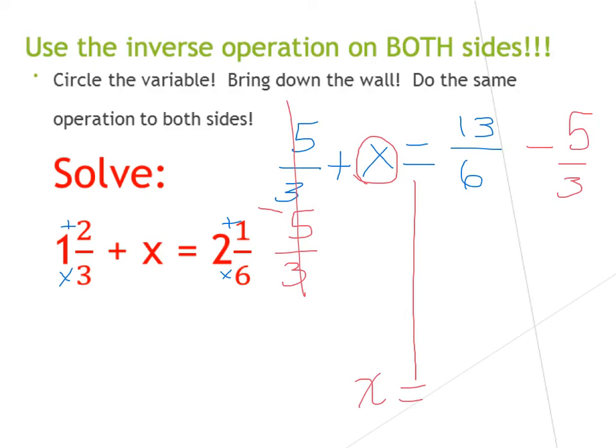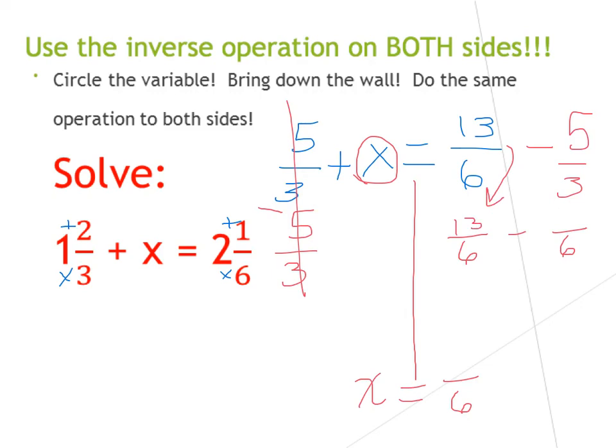And then when I come over to the right-hand side, remember, I notice that I have to have common denominators. Notice that there's a 6 and a 3. Well, my common denominator is going to be 6, so I'm going to go ahead and rewrite 6 here and here. Bring down my minus sign. And I also know that my denominator, my answer, is going to be a 6. So I didn't have to do anything to the 6, so I'm going to go ahead and bring the 13 straight down.